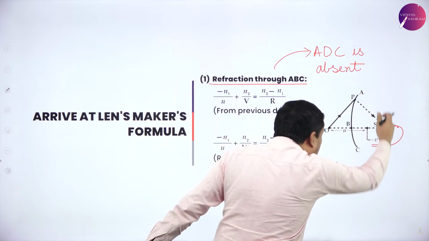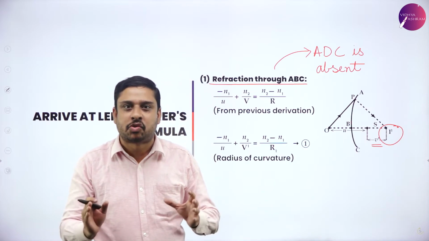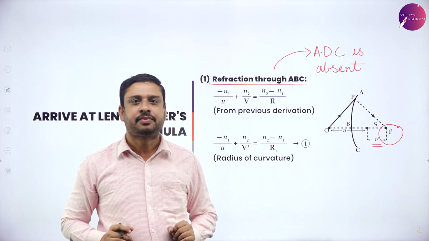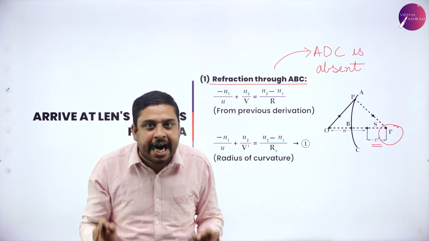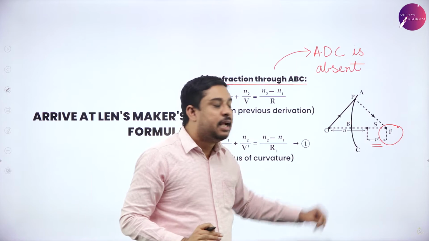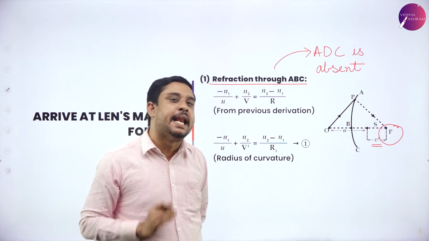This part of the lens is absent. So now students, I dash is the real image formed at a distance V dash from the lens.